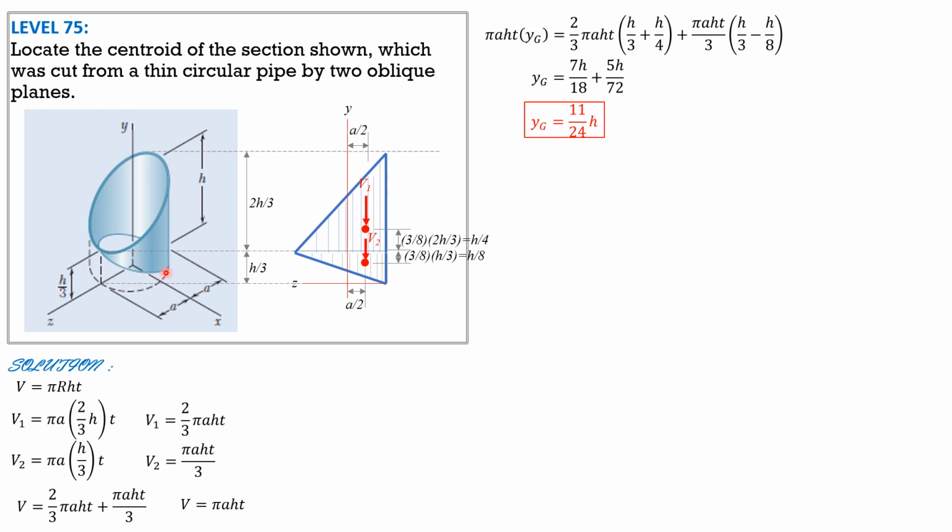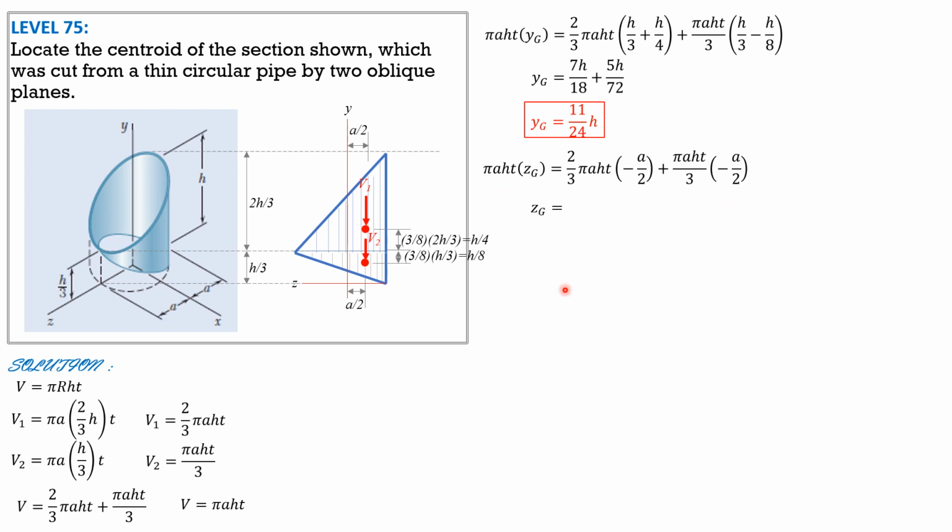So that's it for yg. For xg, it's 0. xg is 0. For zg, V1, 2/3 pi ht, then zc1 is negative a over 2, as shown here, because this is the positive z direction, plus V2, pi ht over 3, and zc2 is also negative a over 2.